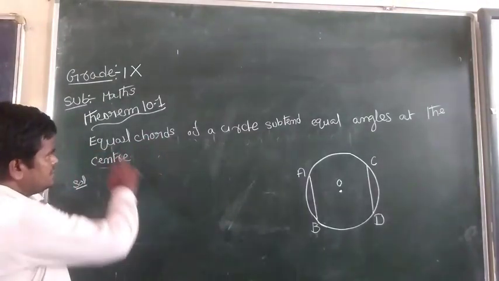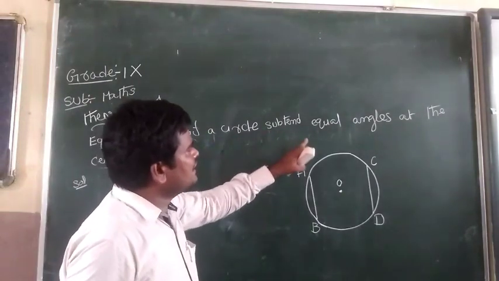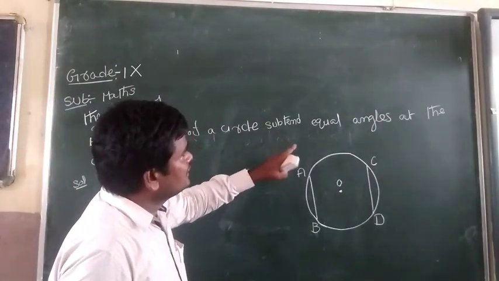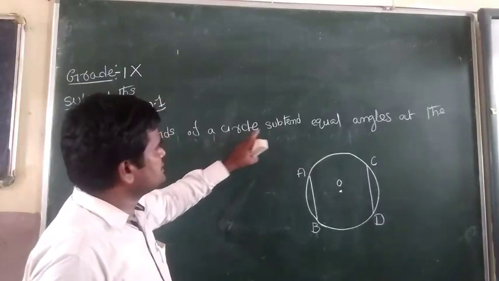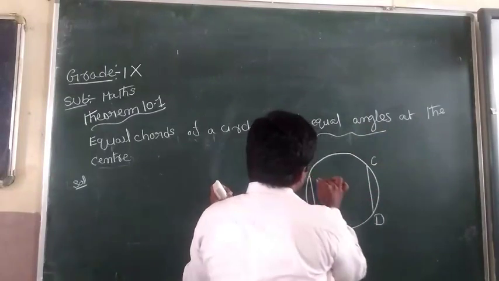So equal chords of a circle subtend equal angles. Here this is the center.